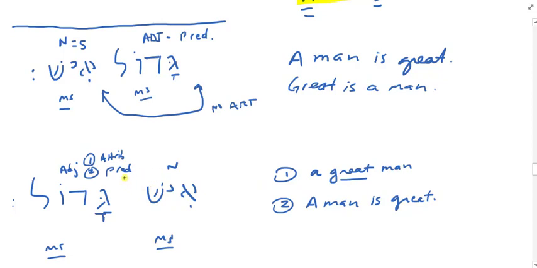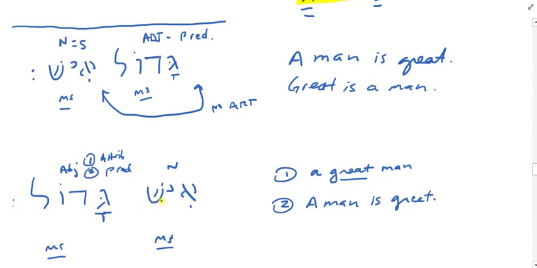Also, predicate adjectives can follow the noun as well as precede the noun, and they're going to agree in gender and number as well. And since the subject noun here, ish, is not definite, and if it's the subject and this is the predicate adjective, I won't have any definiteness on either of these. Okay, predicate adjectives are never definite. They're always just gender and number, but no definiteness on a predicate adjective.